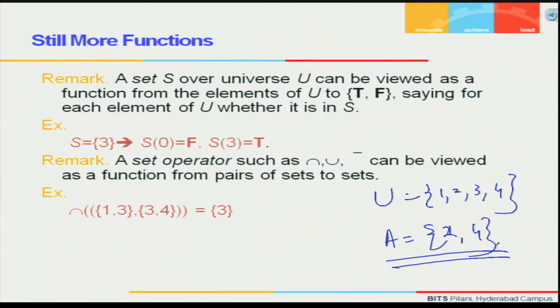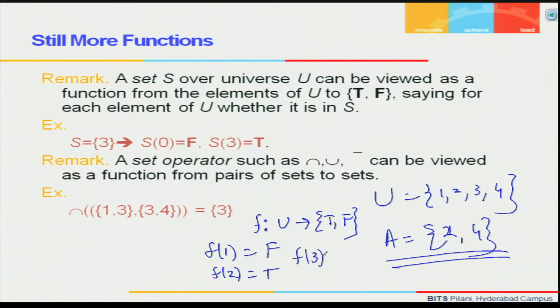How I define it is, I will define a function f from U to {true, false}, and I define it like this: f(1) = false, f(2) = true, f(3) = true, f(4) = false.